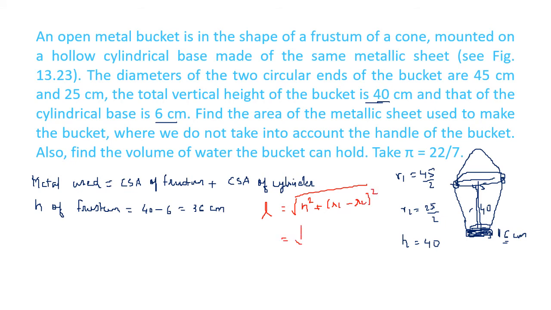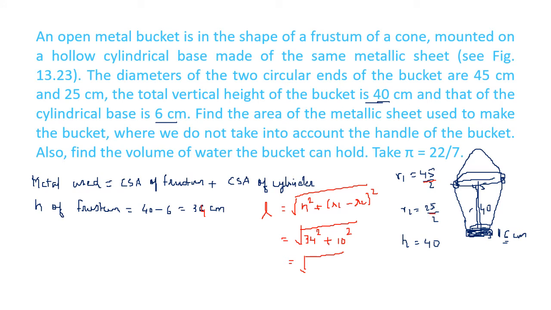H is 34, so 34 square plus r1 is 45 by 2, r2 is 25 by 2, so 20 by 2, we get 10 square.